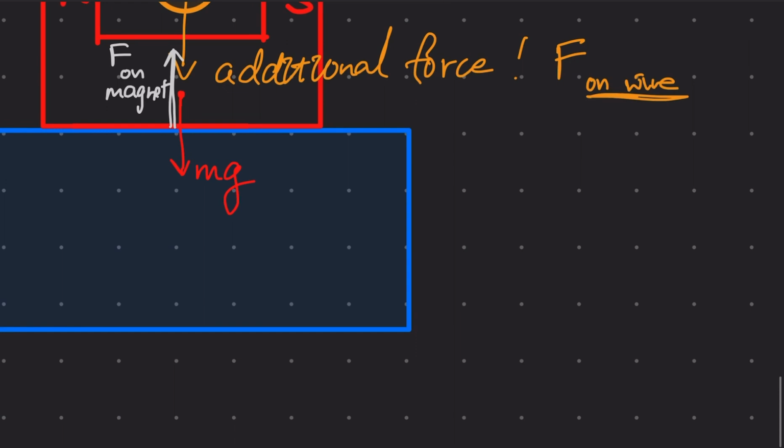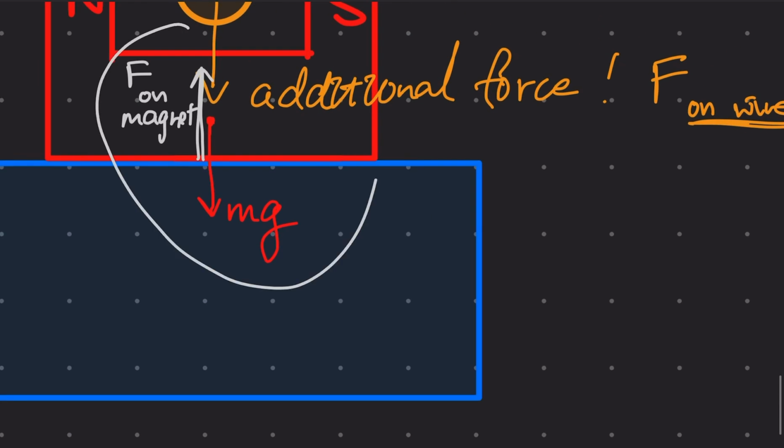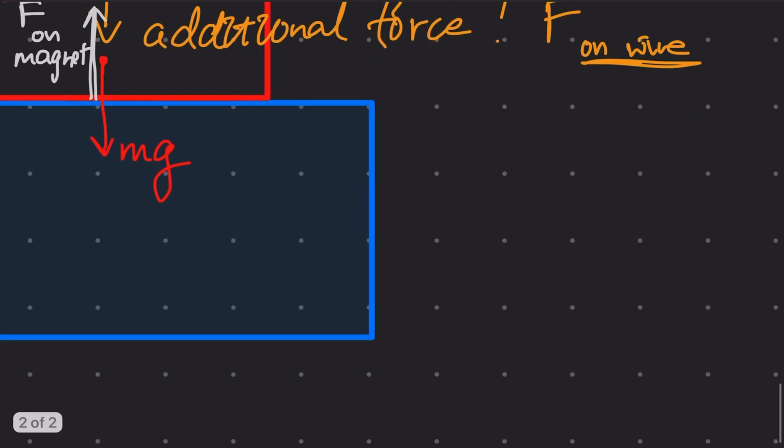And if I bring these two forces into a diagram here, let's say this is the surface of the balance. I have a force on the magnet that's bringing the magnet a little bit upwards. We also had the original mg, which brings the magnet downwards.